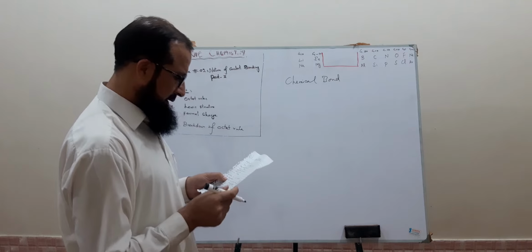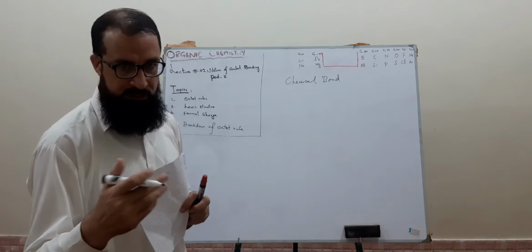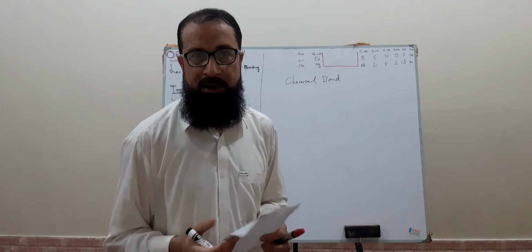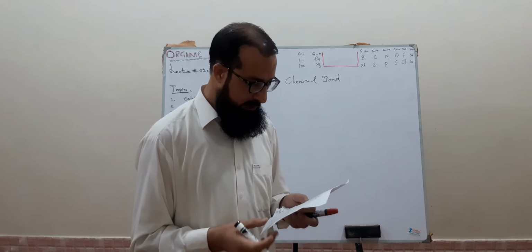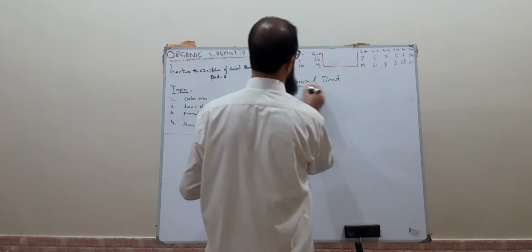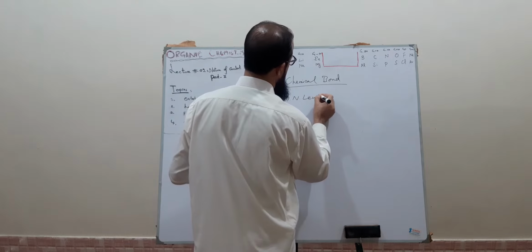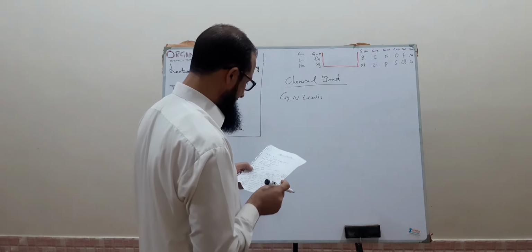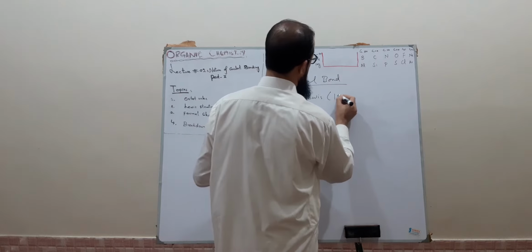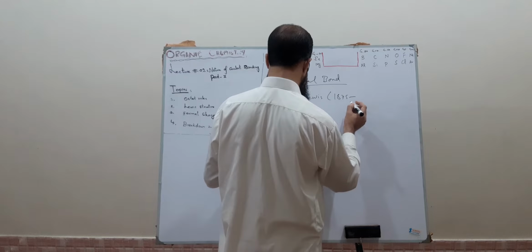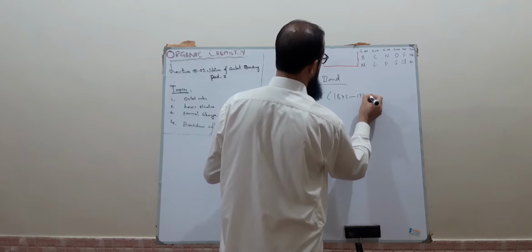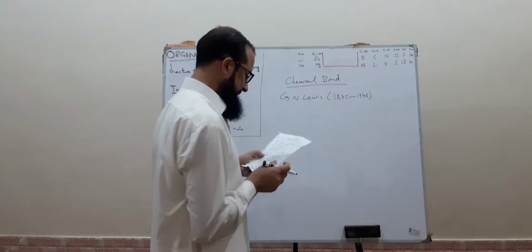The covalent and ionic bond was first introduced by G.N. Lewis, an American physical chemist, born in 1875 and died in 1946.